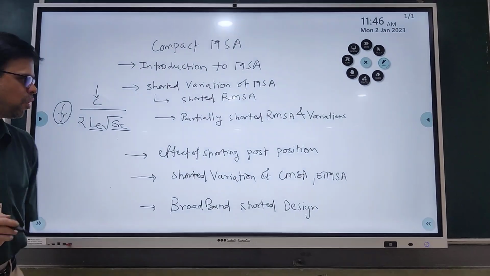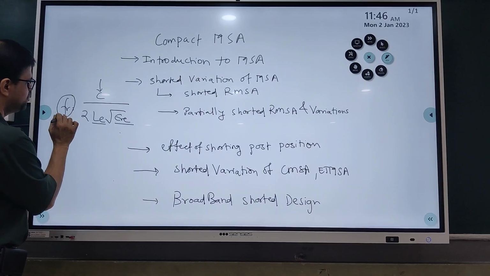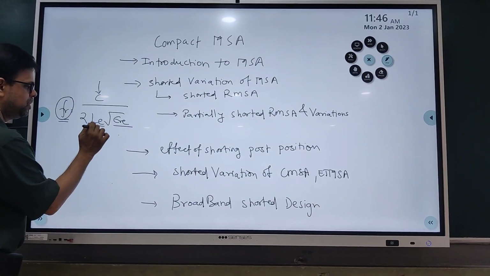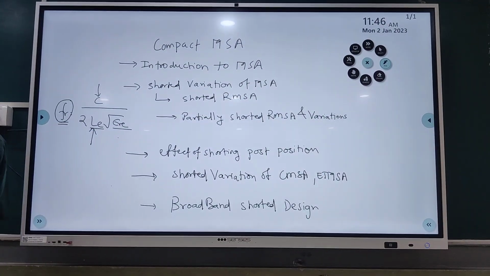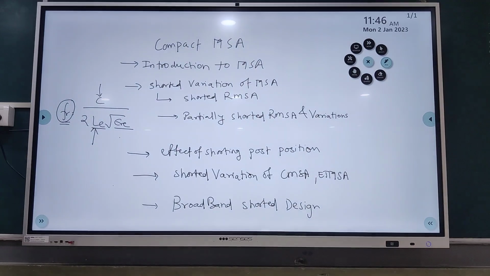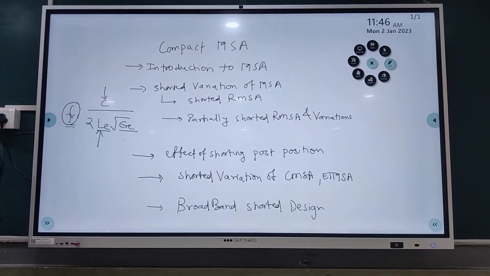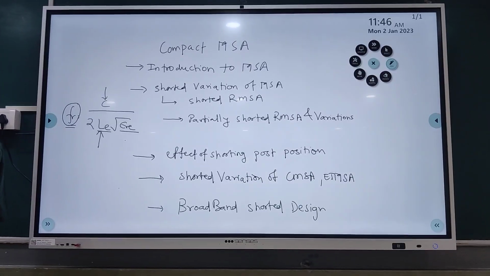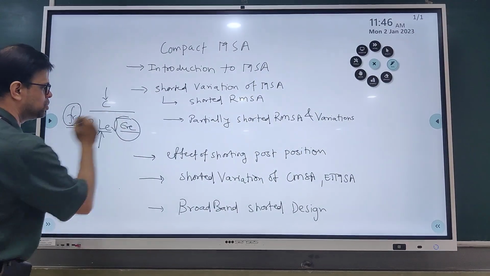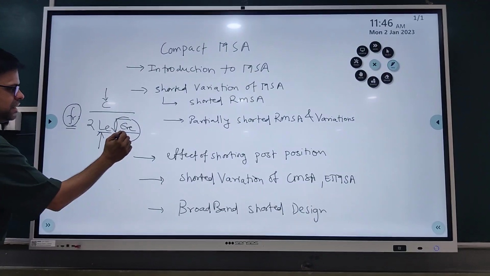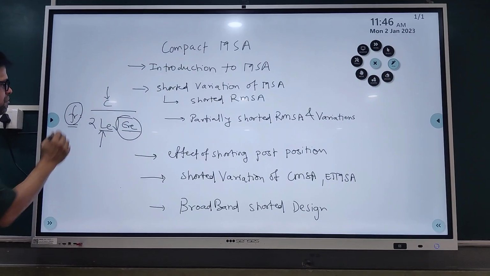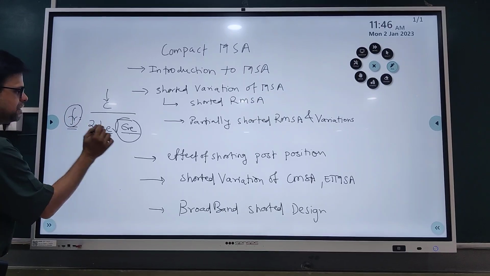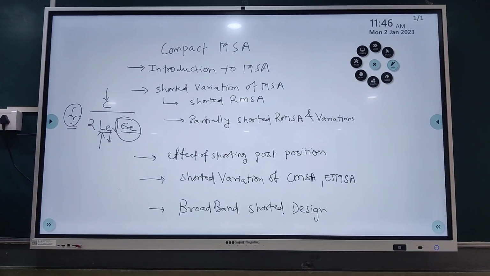So now, my job is, for a given frequency, I need to reduce Le as much as I can. And for that, looking at this equation, one parameter which comes to my rescue is the dielectric constant. If I increase the dielectric constant, then definitely for a given frequency, size will reduce.